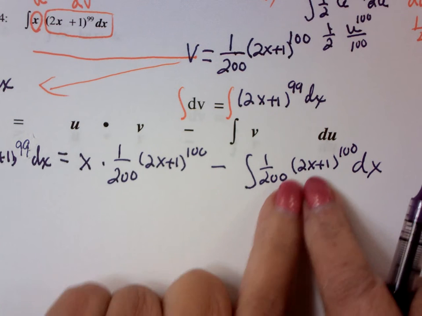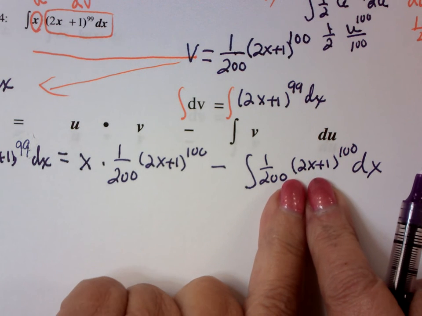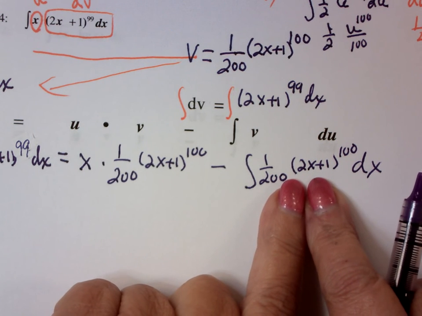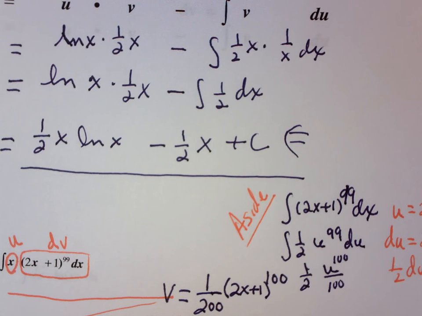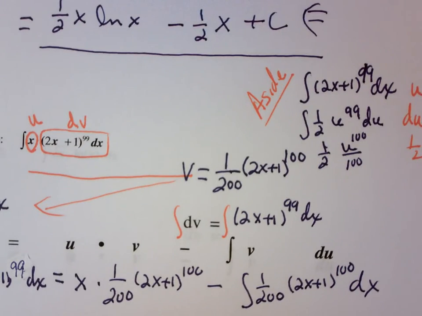Now we know how to integrate 2x plus 1 to the 100 because we've already done it, right? It's going to be what? 2x plus 1 to the 101 divided by 101, but what also is going to have to be there? A 1/2. We'll do it again, just for the fun of it.